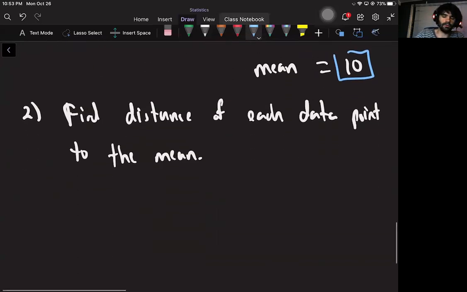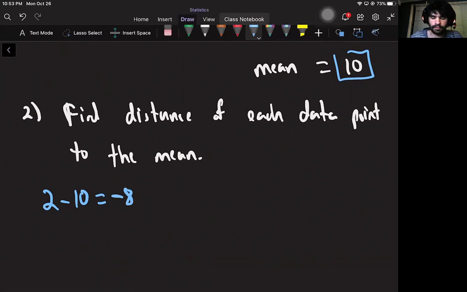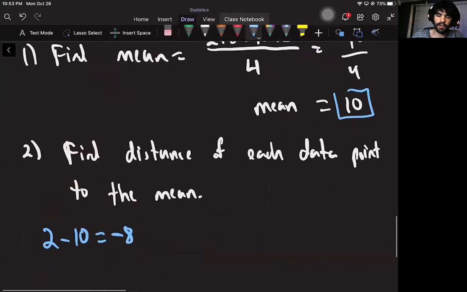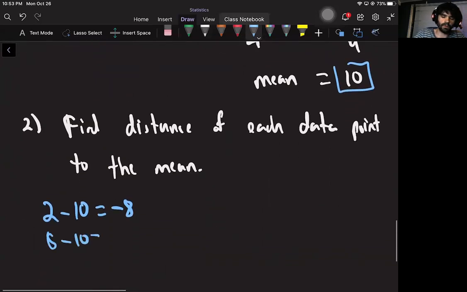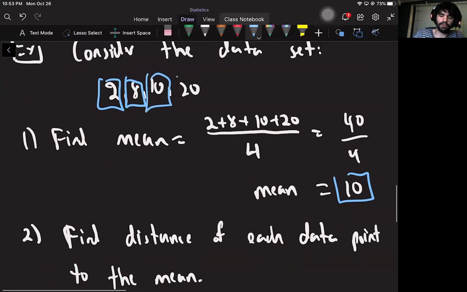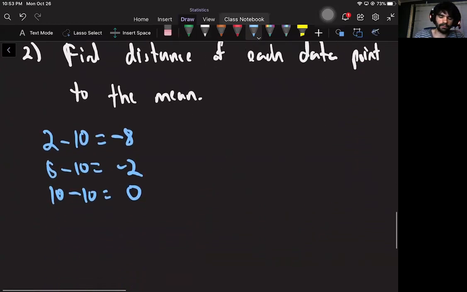So I'm going to do 2 minus 10 to see how far away they are from each other. And I end up with negative 8. And I'm going to do that for each number. So 8 minus 10 is going to give me negative 2. 10 minus 10 for the next one is going to give me 0. And the last one is 20 minus 10, which gives me 10. So these are the actual distances to the mean.